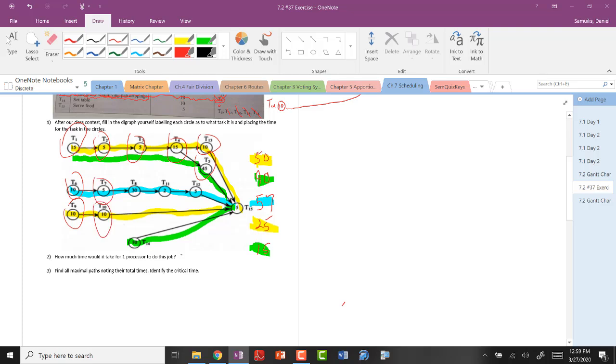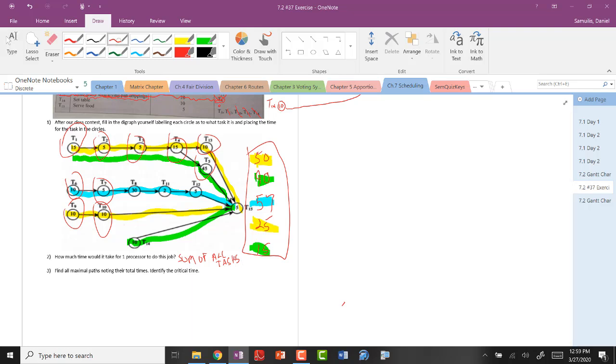The time for one processor is the sum of all tasks. Talked about that before, and I'm not going to bore you by adding again. I've already done that by doing these. Isn't that enough? Okay, so it's 15 plus 5 plus 5 plus 15, 10, 45, 5, 5, 2, 30, 5, 10, 10, 10, 10. Okay, and then that's how long it would take.